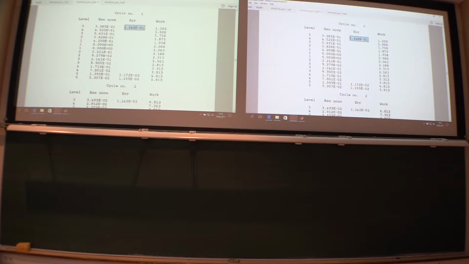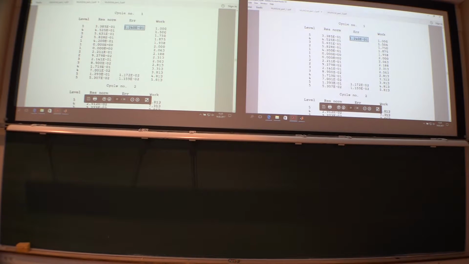Then you see the work units here have been accumulated. On the fine mesh, one iteration. On the second mesh, also one iteration. Okay, then we are up to 1.5 work units and so on. On the way up again, you do two iterations. So there you see 1, 1, 2, 2, 3, 3, and so on for the different grid levels.